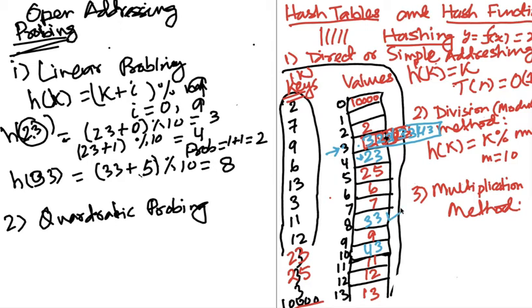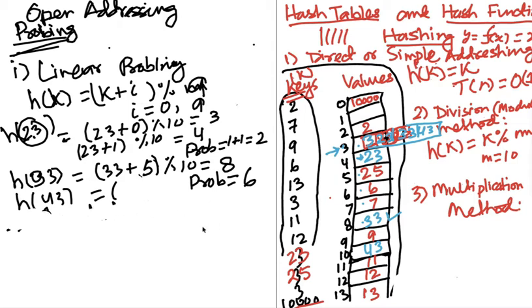Similarly for h of 43 we get the probe value. So what is the probe here? Counting 1, 2, 3, 4, 5 and 6, the probe will be 6. Okay, let me delete this one.